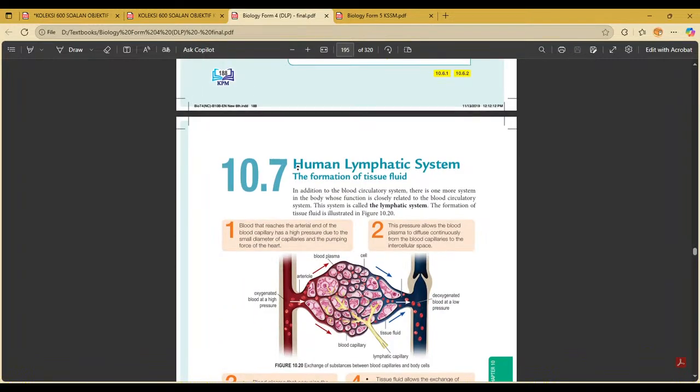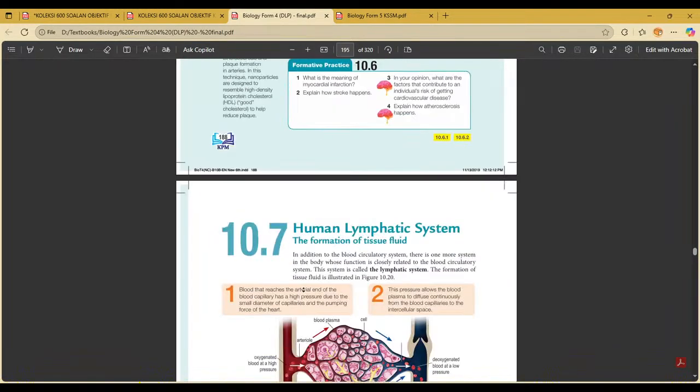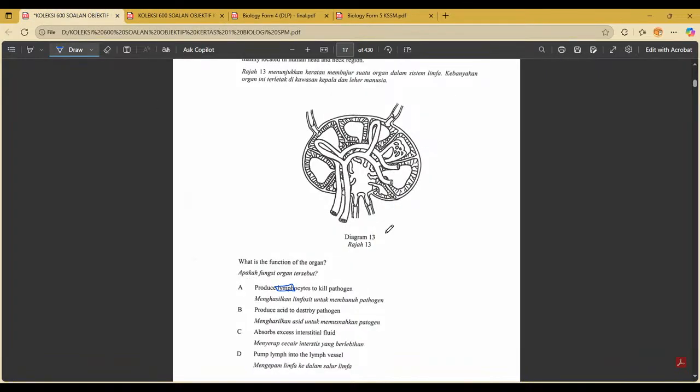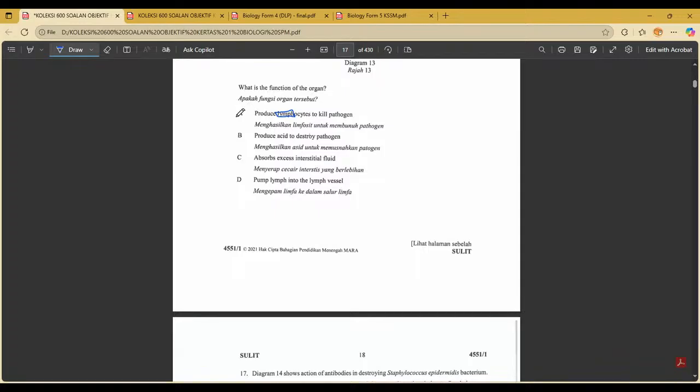Where does it say what lymph nodes do? Somewhere here, probably. Meh, whatever. You just recheck this. It's probably that.